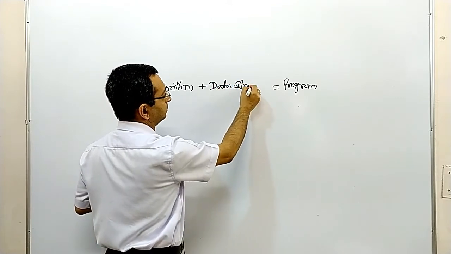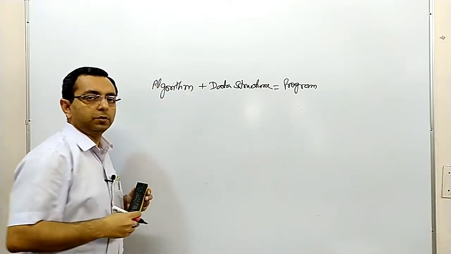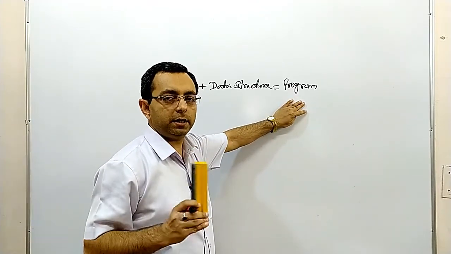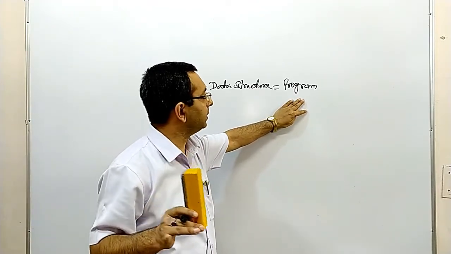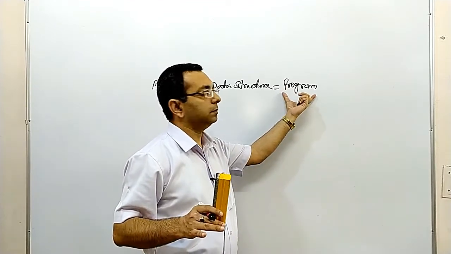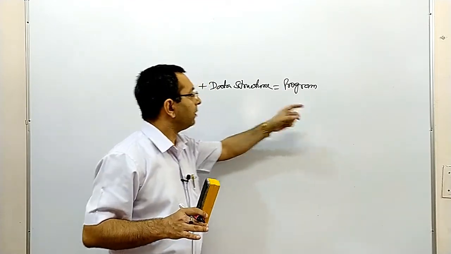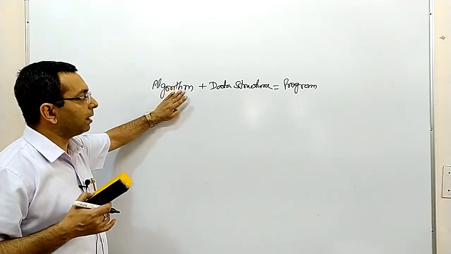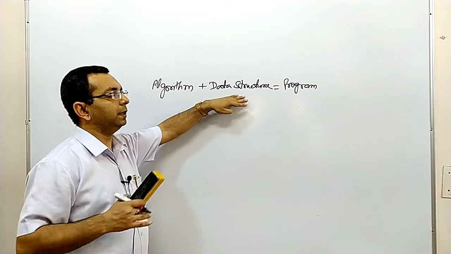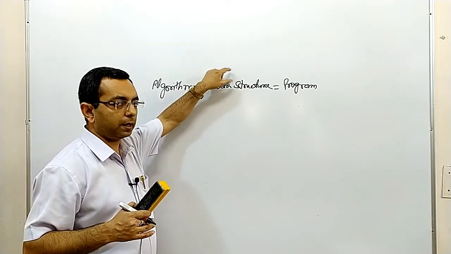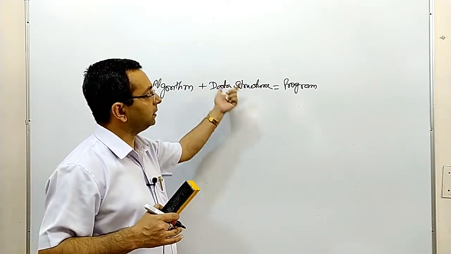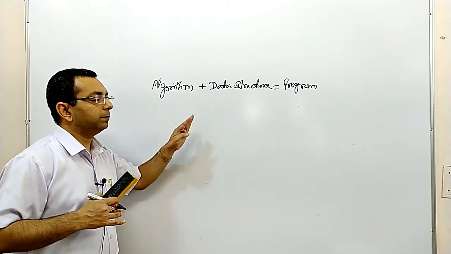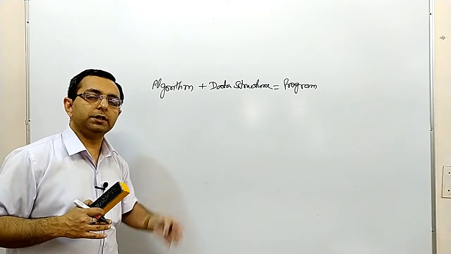Whatever programming language you are doing, maybe C, maybe C++, maybe Java, or any language, when you develop any program, you have to write an algorithm, and then you have to associate data structure. Data structure means structured data. Structured data means you have related data with logical relationships.